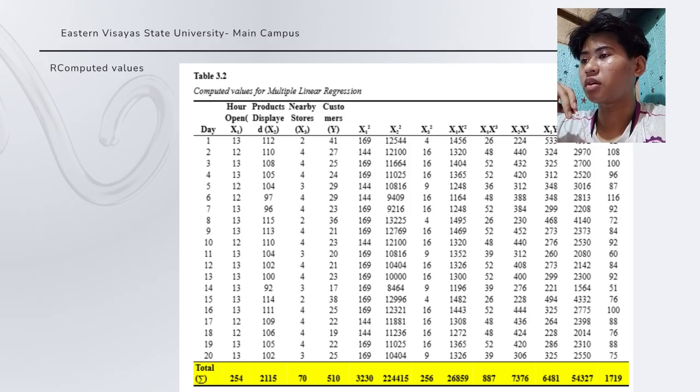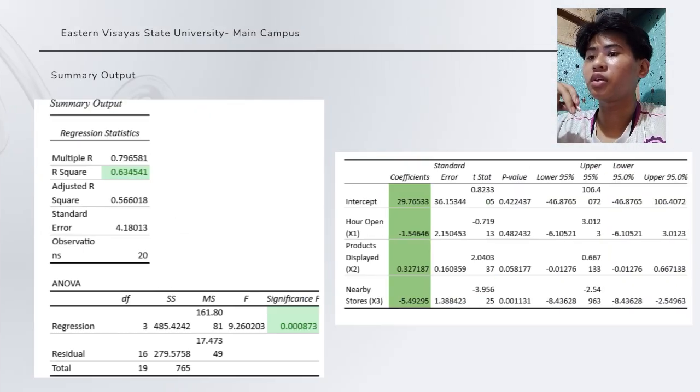This is important in computing the regression equation or the multiple linear regression equation.